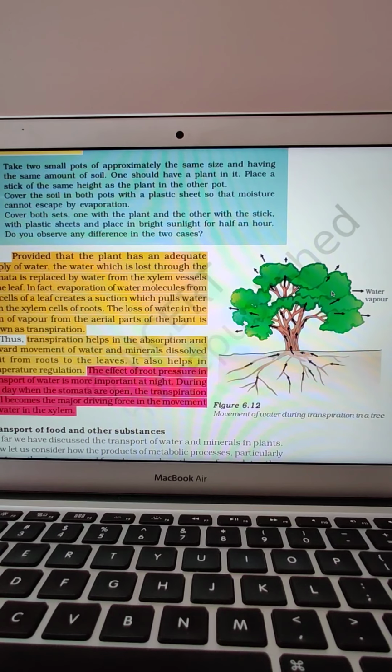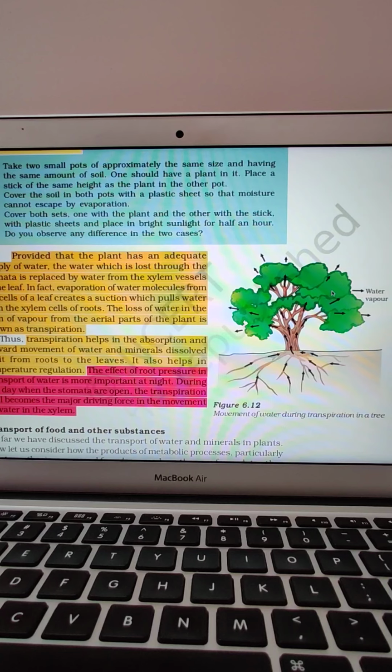The root pressure and the transpirational pull. So during daytime, as transpiration occurs, it creates suction, due to which water is pulled upward through the root xylem to the stem xylem, aided by the cohesion and adhesion properties of water molecules.